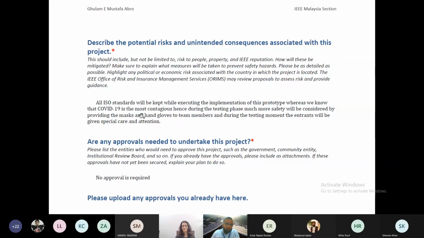Over here they are asking to describe the potential risks and unintended consequences of this project. So I said that all ISO standards will be kept while executing the implementation of this prototype, and because this disease is contagious, we will require gloves and masks and everything.